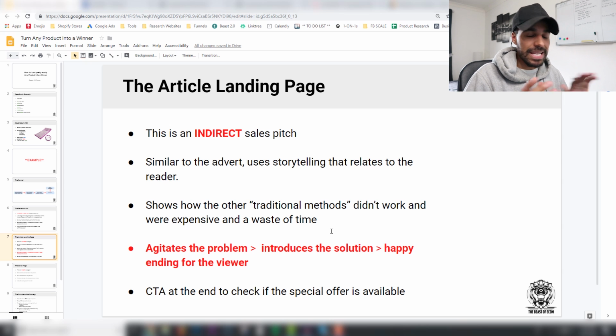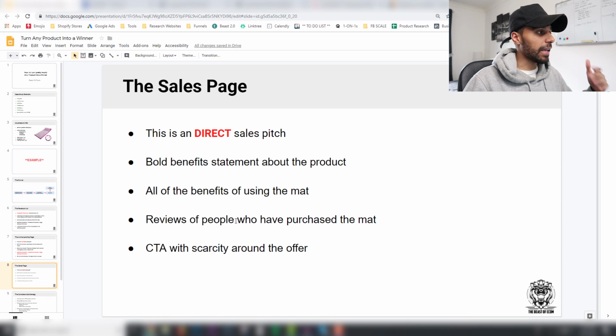So it's excluding all of the other options that someone who wants to get better back pain could use. Then again, it agitates the problem, introduces the solution, and a happy viewer for the ending. With this article landing page, there's a call to action at the end for a special offer.